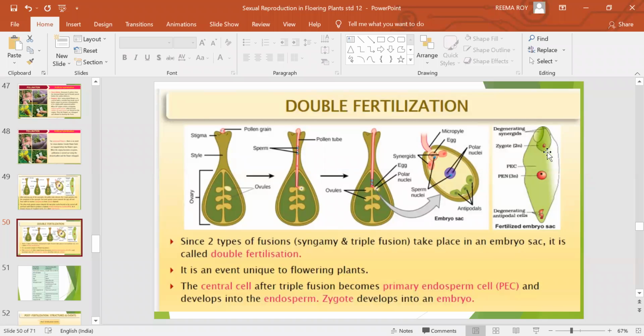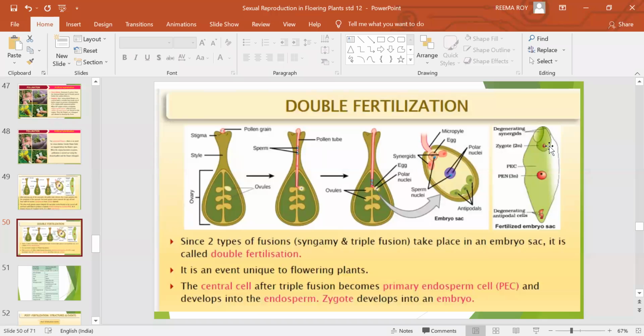Endosperm हो जाता है, ठीक है, एंडोस्पर्म होएगा and last में zygote क्या होएगा? Embryo, zygote develops into an embryo. Zygote will develop into an embryo. PEN, PEC, endosperm. Okay. Zygote यहाँ जो है माइक्रोपाइलर एंड में है.